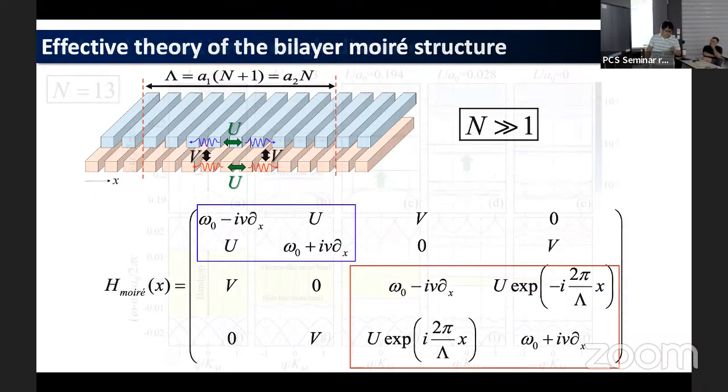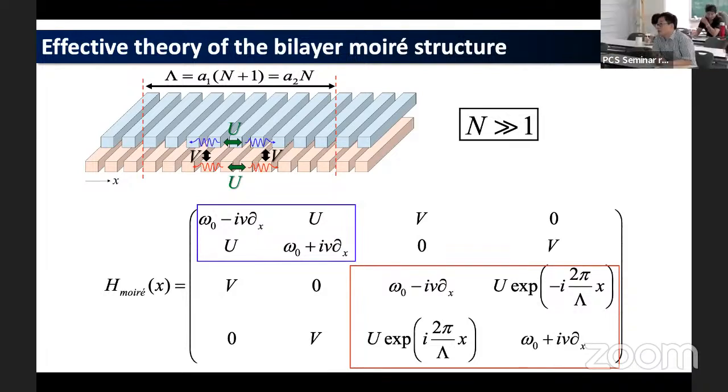A similar question: you take into account this phase factor due to the different periodicity, but can you comment on why the V factor doesn't have any position dependence? Actually, there are two ways to put this phase.